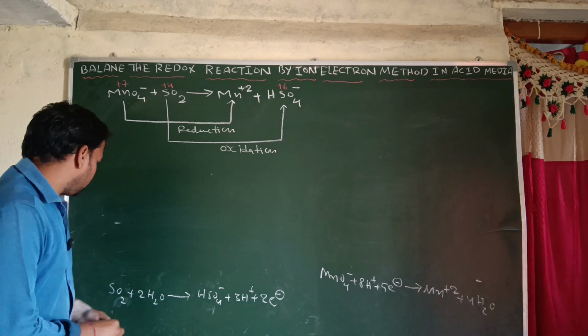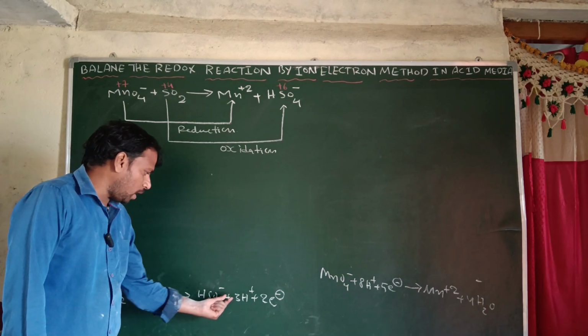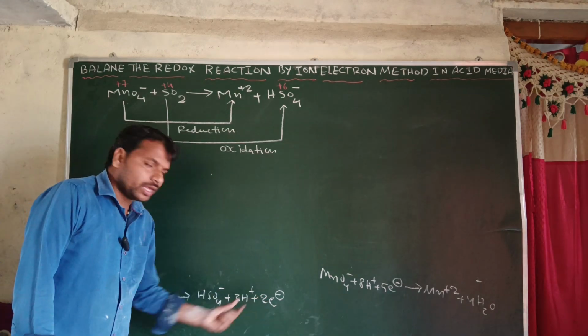Suppose we have SO2 plus 2H2O gives rise to HSO4 minus plus 3H plus plus 2 electrons. So we can balance these charges.